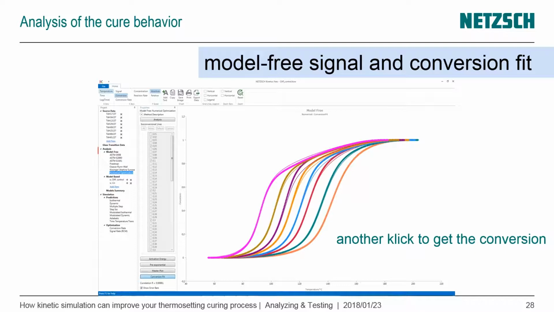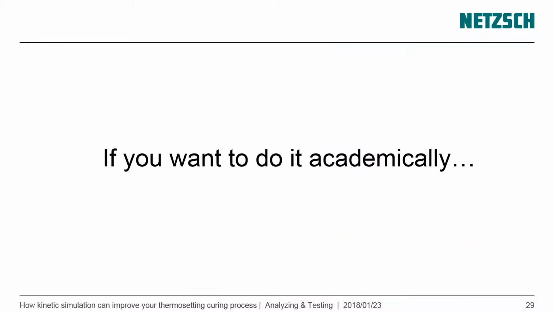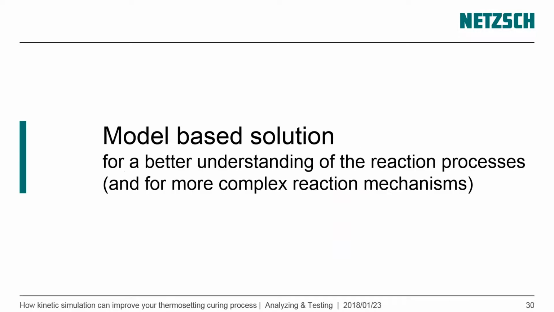Let's have a look first at the more academic way. So the model-based simulation, the second choice you can do. So let's do it more academically. The model-based solution gives you a better understanding of the reaction processes. With this model-based solution, you can fit even very, very complex chemical reactions.